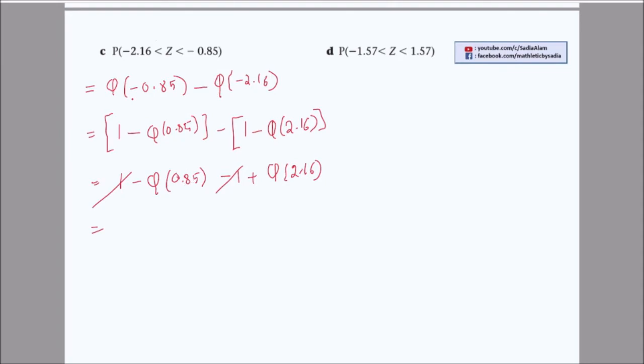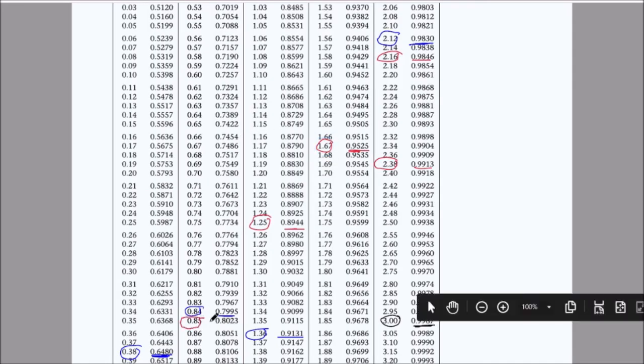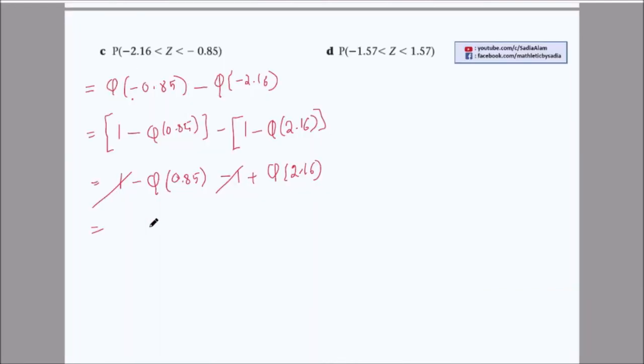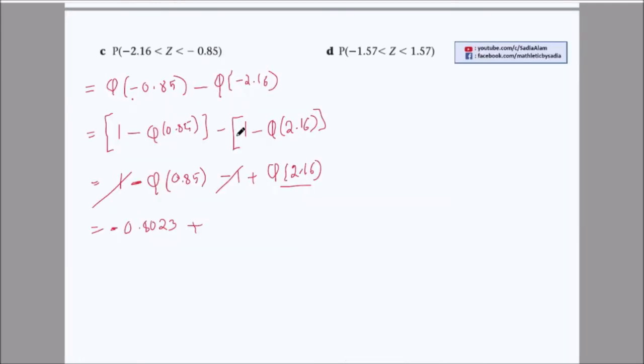So 0.85, this one, so 0.8023. The value of this is 0.8023, and 2.16 is 0.9846. So if you simplify this, you'll get the result.